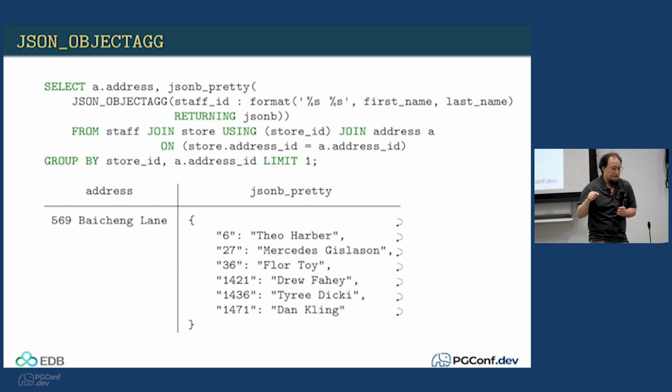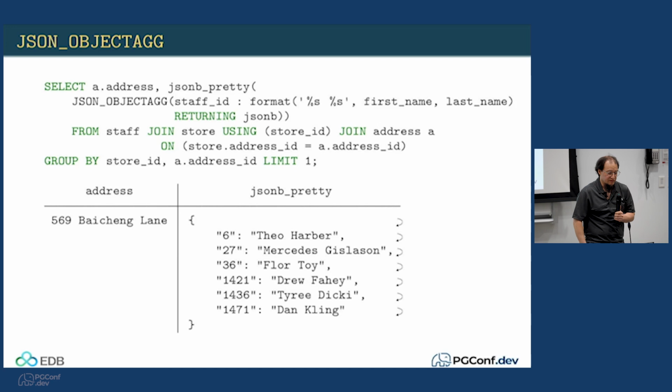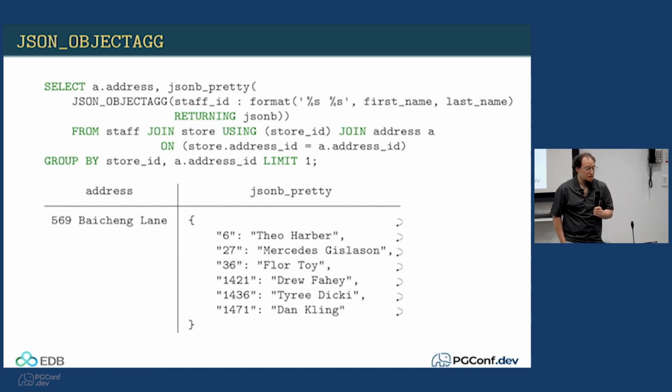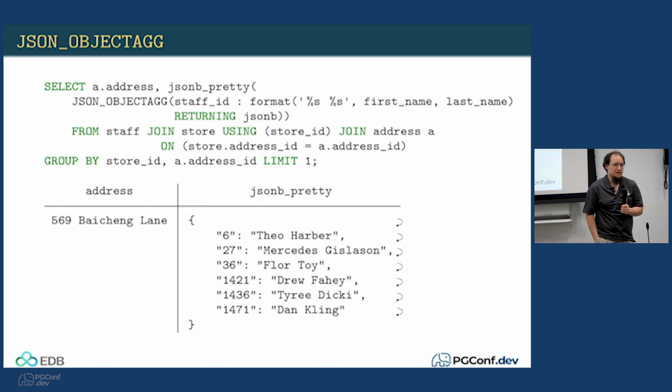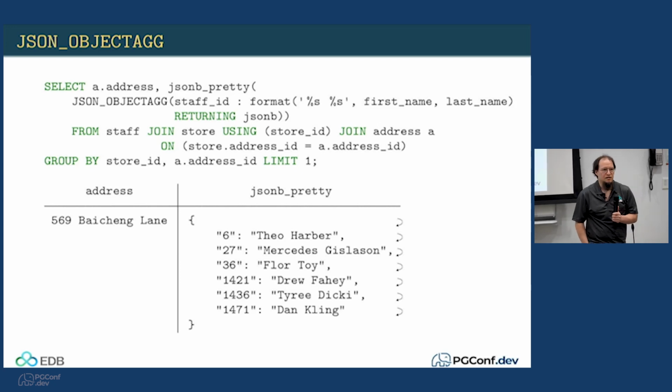So here I have staff for a store, and I join them for a specific store. And here I create the JSON object by using the staff ID as key and the name as value. This may not be a particularly useful representation, or it is up to you, but this is how JSON_OBJECTAGG will generate this type of data.